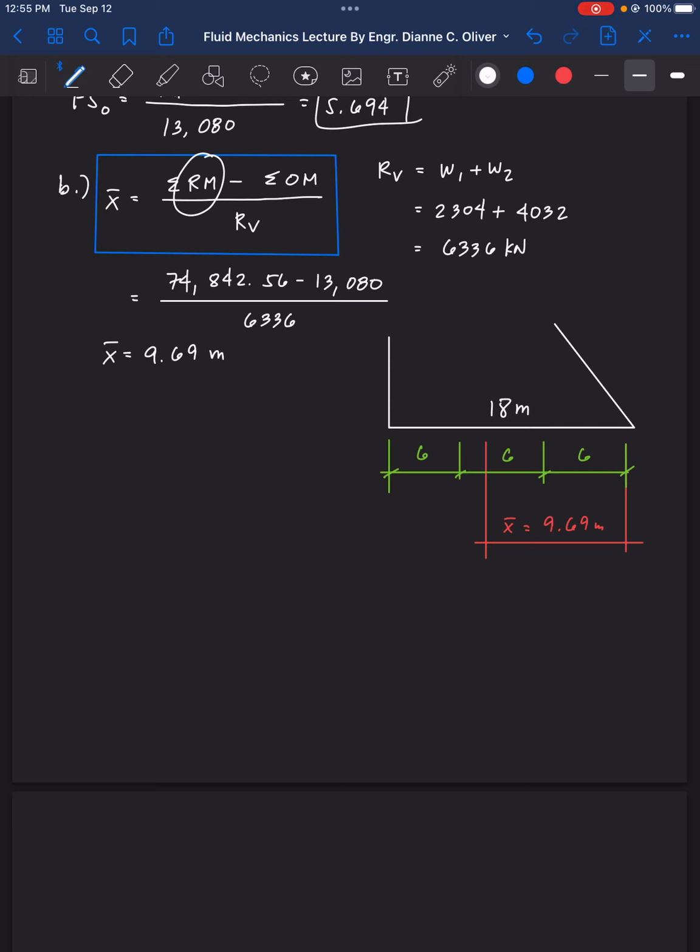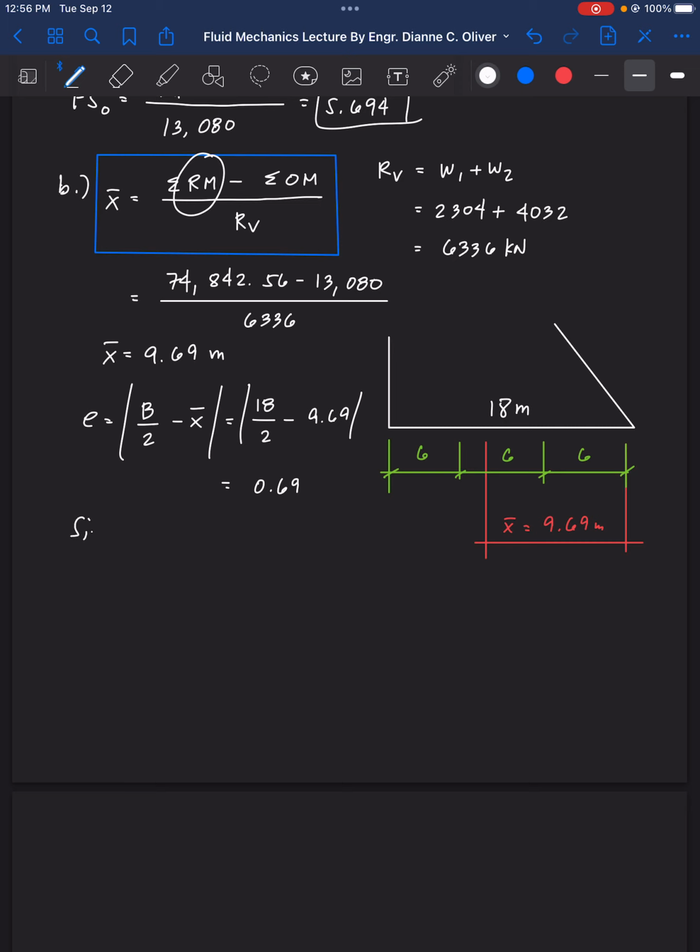Or you can also use the formula, the eccentricity equals the base divided by 2 minus X bar, absolute value. So this is 18 over 2 minus 9.69, absolute value. The answer here is 0.69.